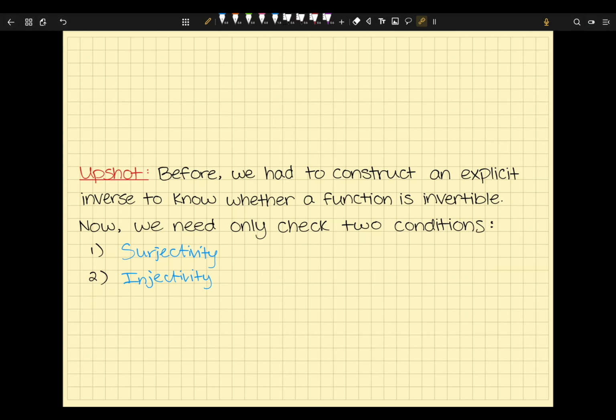And what we claimed on the last slide is that being bijective is equivalent to being invertible. And so if a function fails to be surjective or fails to be injective, then it fails to be bijective, and so it fails to be invertible. So now we have these two conditions that we can check to know if a function is invertible.